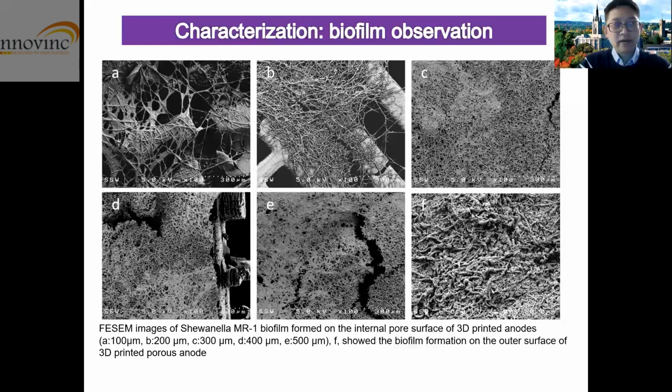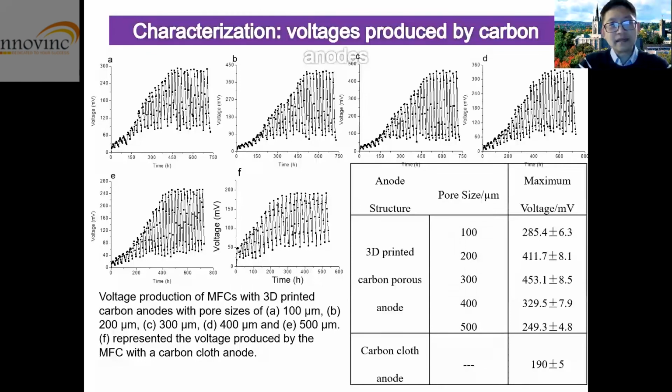For example, we calculate the thickness of the biofilm, the coverage, and also measure the conductivity of the biofilm. And later, we measure the energy, for example the voltage and the power density of such a microbial fuel cell for different pore sizes of the electrode.